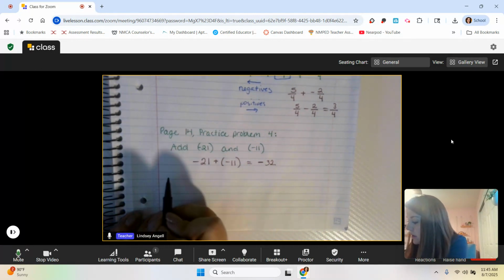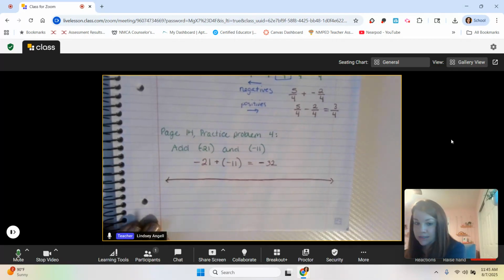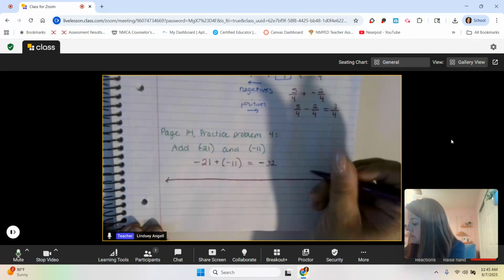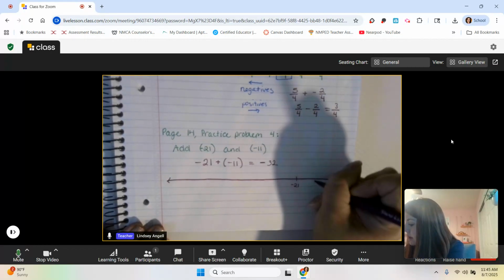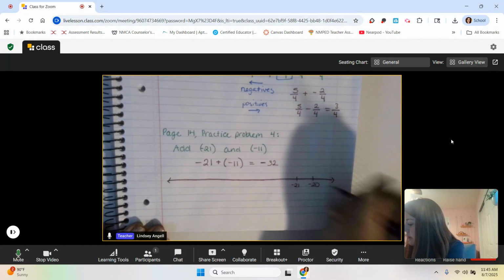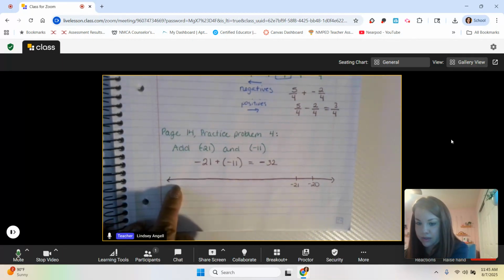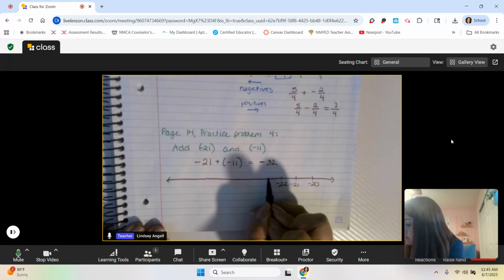Okay, now if I were to show that on a number line, all right, I'm way past 0, right? So I'm not even going to bother with 0, okay? I've got, let's see, I'll put -21, that would mean -20 is there, right? They get higher, right, the further we get to the left when we're talking about negatives. -22, oh, I might have to squeeze them together because I don't know if I left room.